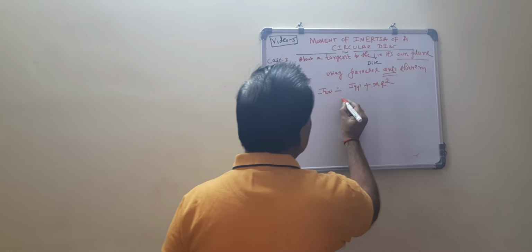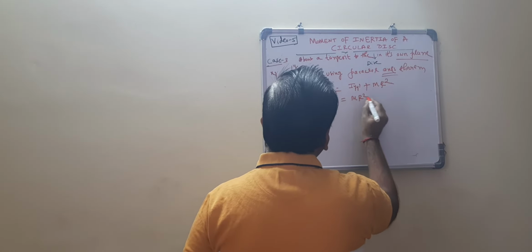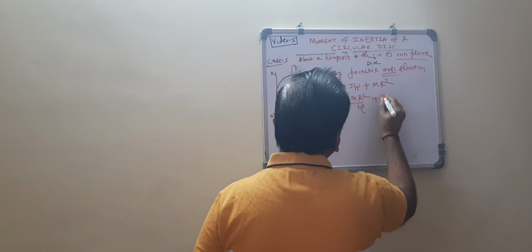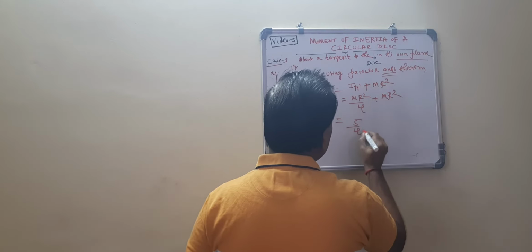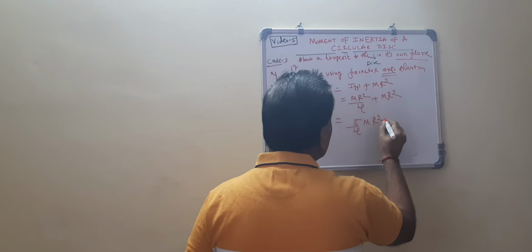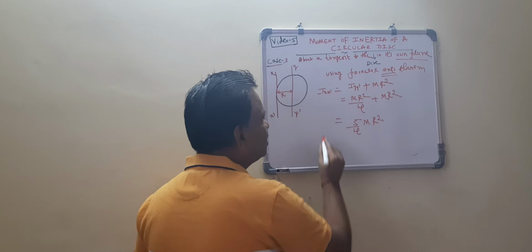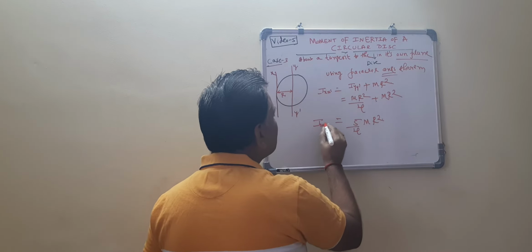Now already you know this value here: it is M R square by 4, plus M R square, equal to 5 by 4 M R square.